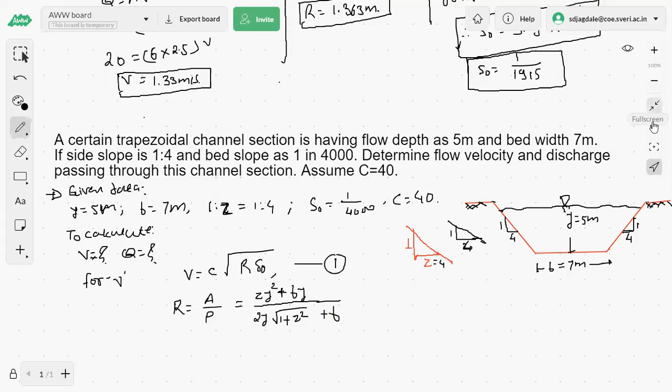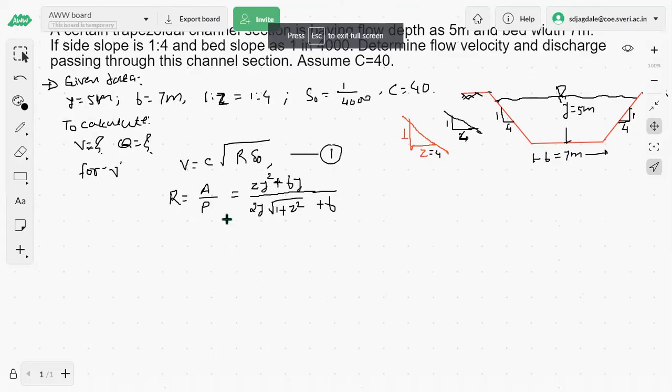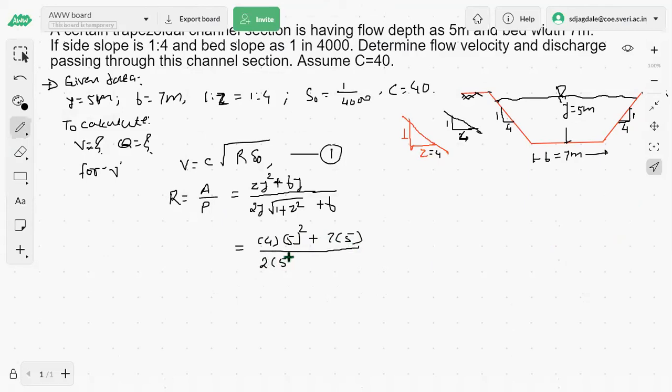So Z is equals to 4. Now put up the values, you will get the magnitudes. So R is equals to Z as 4 into Y as 5 square plus B as 7 into Y as 5, divided by 2 into Y as 5 into root of 1 plus Z square, Z as 4 its square, plus B that is 7.